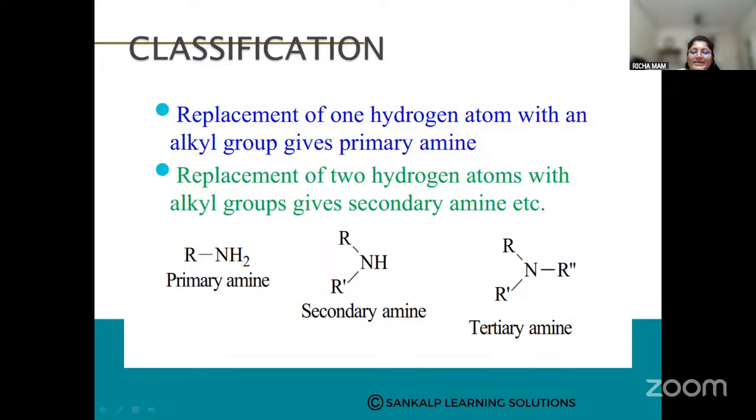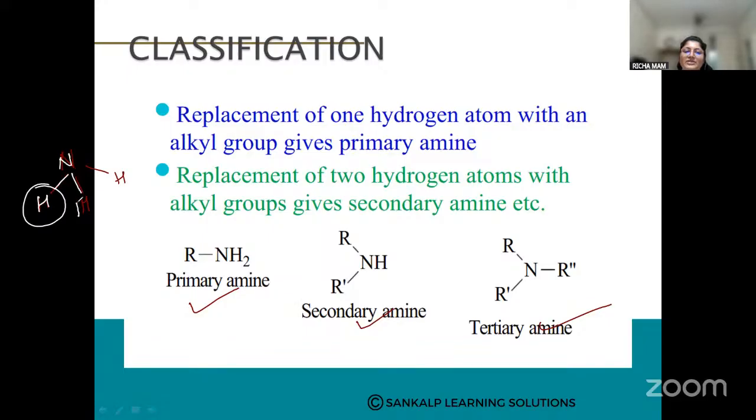Amines are classified as primary amines, secondary amines, and tertiary amines. We will see each term. What do you mean by primary amines, students? Here, only one of the hydrogen atoms of ammonia, NH3, is replaced by what?